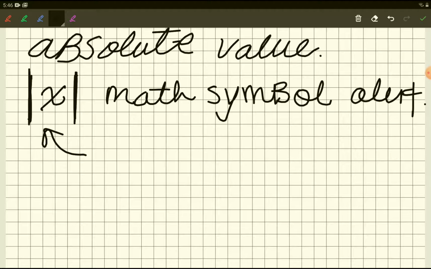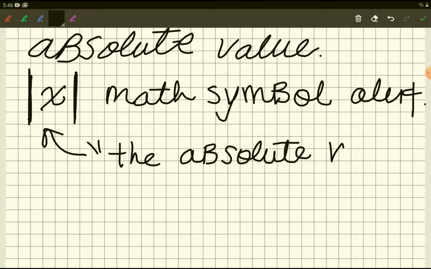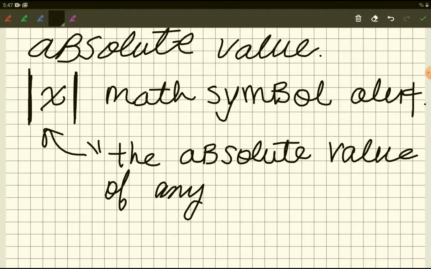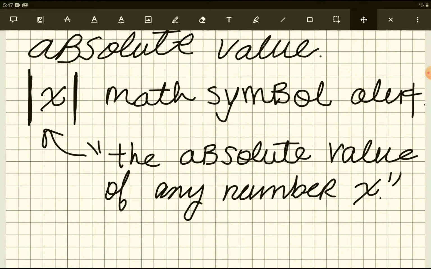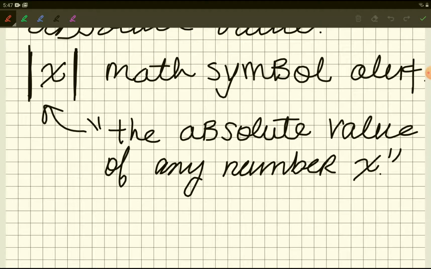This is referred to as the absolute value of any number x. x can be positive, negative, 0, a fraction, a decimal, whatever. x can be anything.